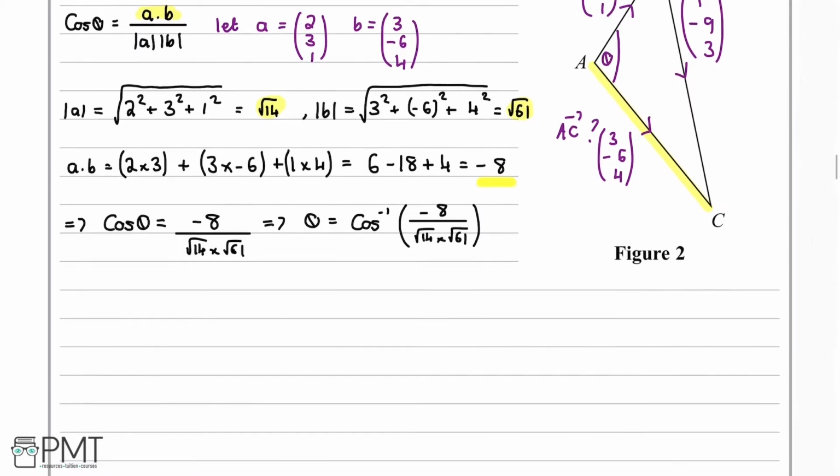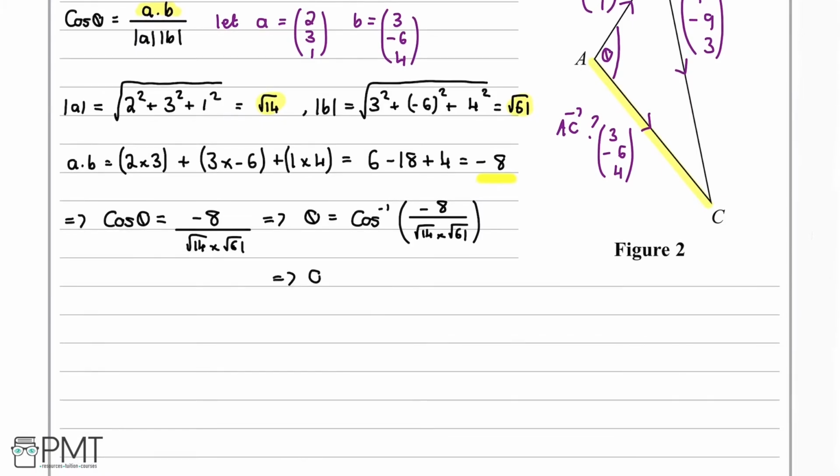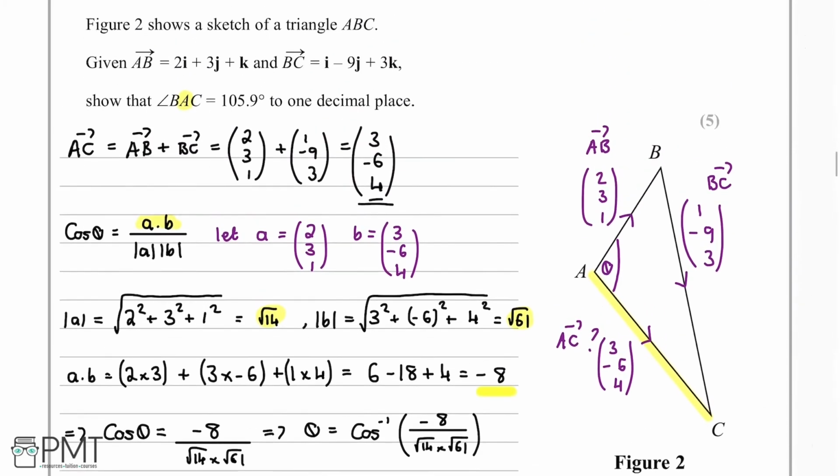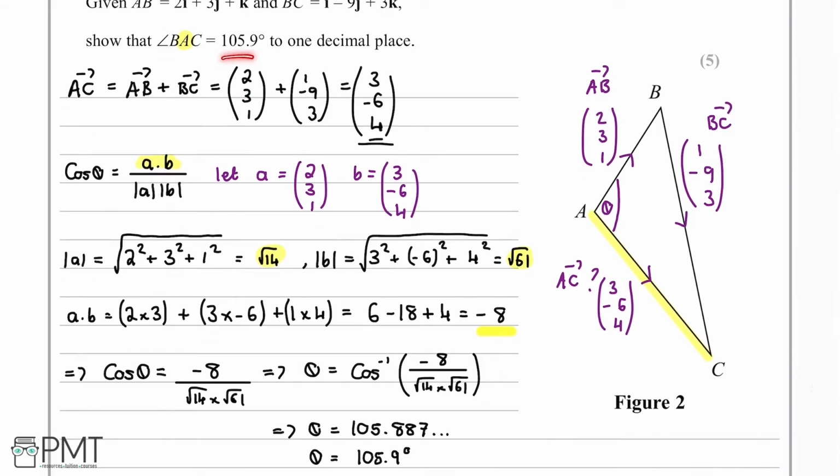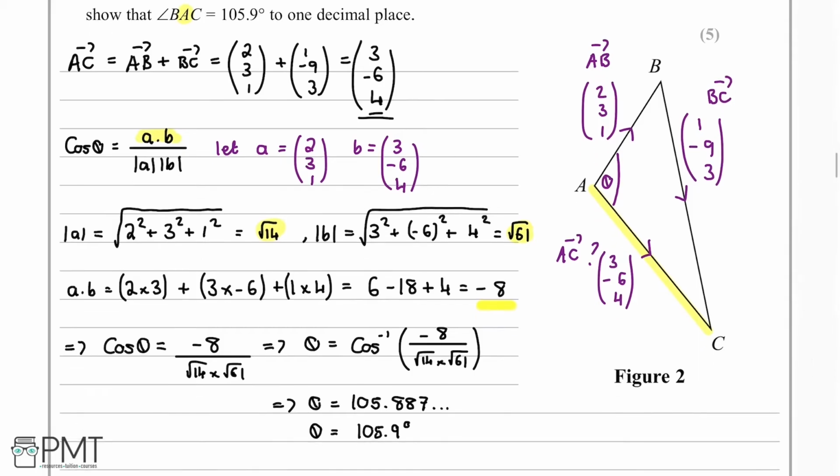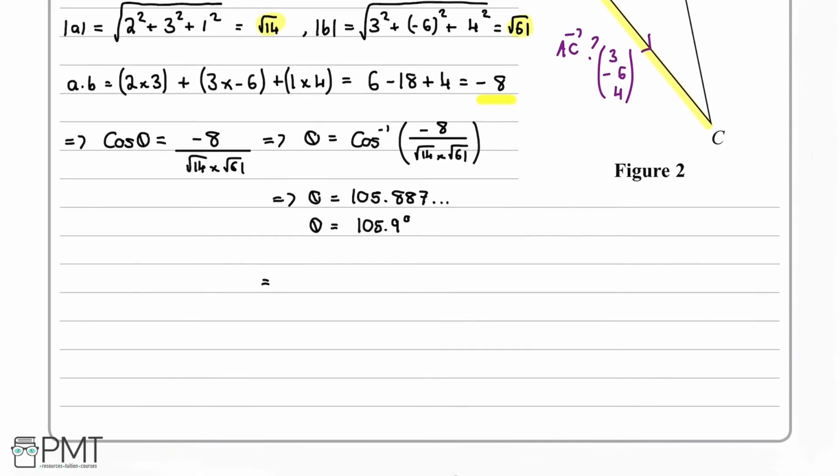Putting this into our calculators, we get that theta is equal to 105.887, and rounding to one decimal place, theta is equal to 105.9 degrees. Looking back to the question, we were asked to show that the angle is equal to 105.9 degrees, so we can write a conclusion. Therefore, the angle BAC is equal to 105.9 degrees as required.